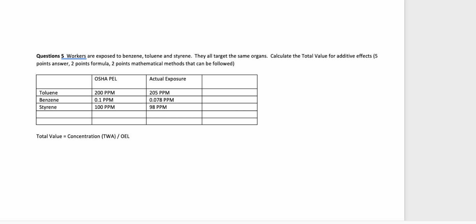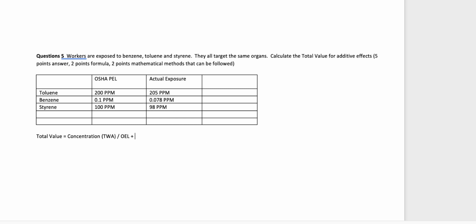And then we keep adding these together, and that's how we calculate the total value when we're using additive effects. We do not do this when we're doing mixture effects. And so you have this formula, and I will then do the calculation for you.